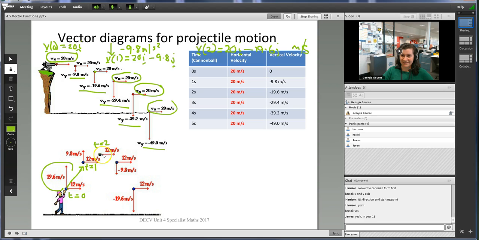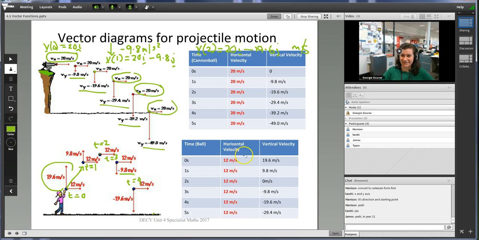And at that point, the object starts going downwards, still travelling horizontally at 12 meters per second, but its downward velocity under the influence of gravity at t equals 3 is negative 9.8 meters per second, and at t equals 4, and so on, till eventually it comes to a grinding halt when it hits the ground, whatever time that might be.